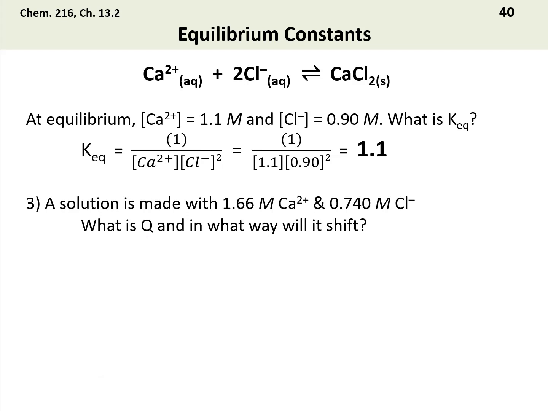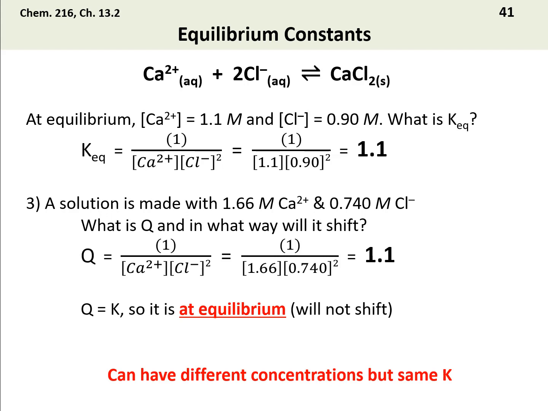All right, so here it is on the screen. We calculate our Q, we compare it to K, and we determine that shift. In this case, if Q equals K, there is no shift. Okay, I wanted to show one other thing with this. We calculated K at the very beginning, or a couple slides ago, based on this data: 1.1 molar for the calcium, 0.9 molar for the chloride.